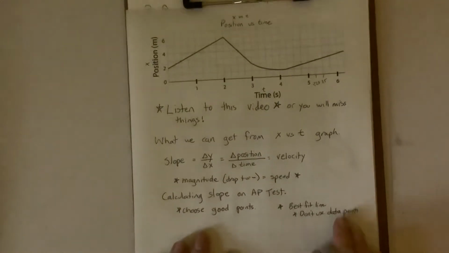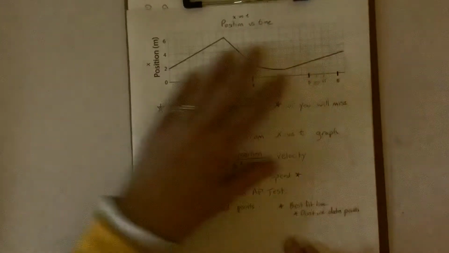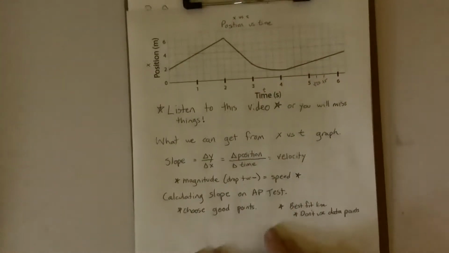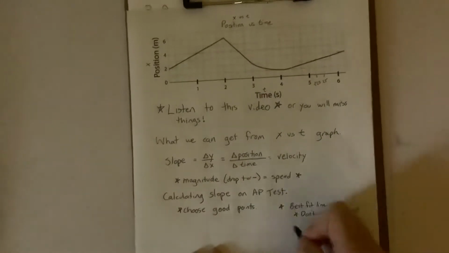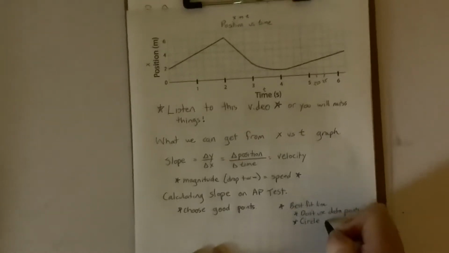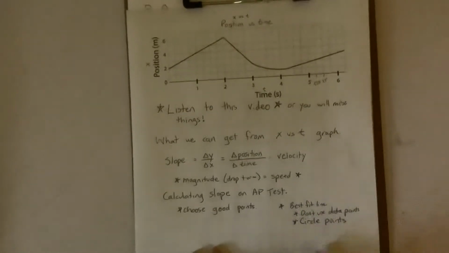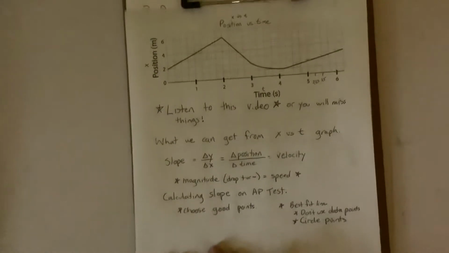If they're on your line, that's okay, but the AP grader who's grading your test is going to be way more likely to give you points if they're looking at the points on your line, and circle the points that you use. Okay, so we'll practice getting a slope here in just a second.